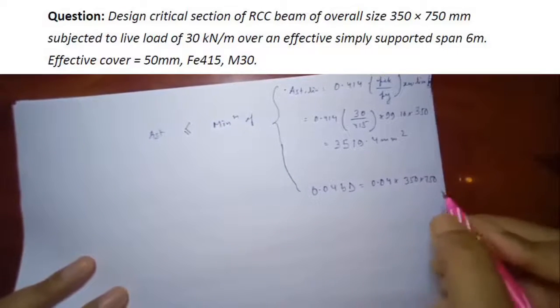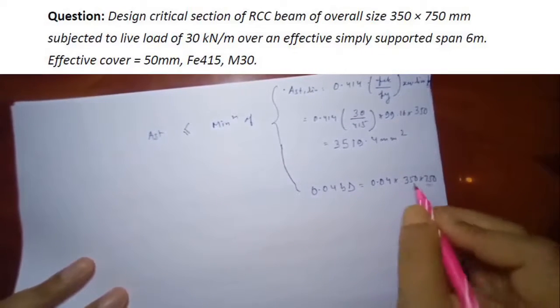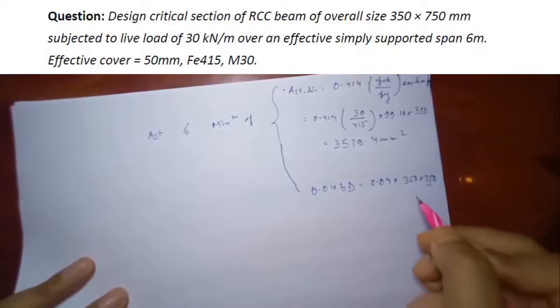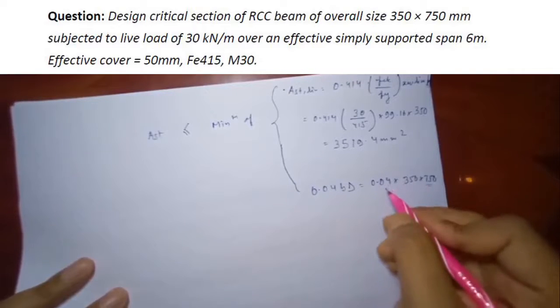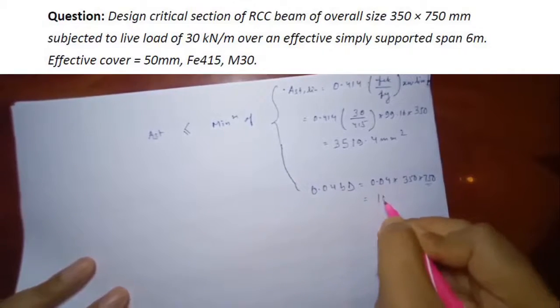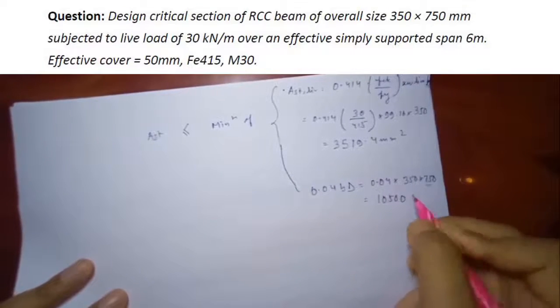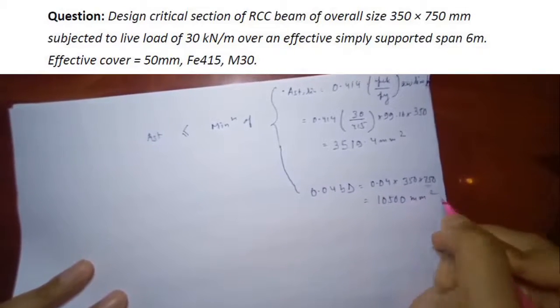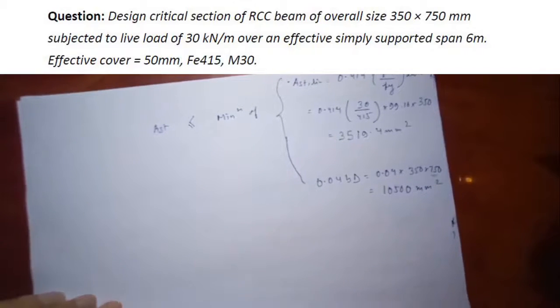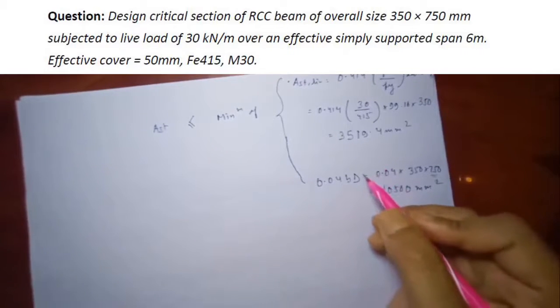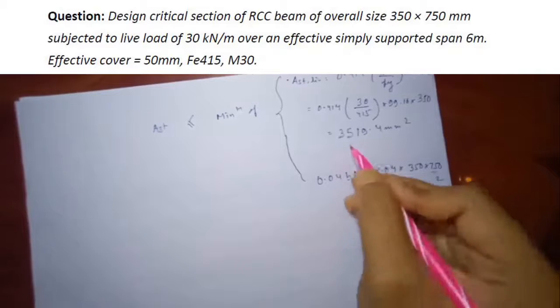Since it is the gross area, it won't be 700, this is capital D, it will be 750, and it is equal to 10500 mm square. So it should be the minimum of these two values, so I will take up this one.